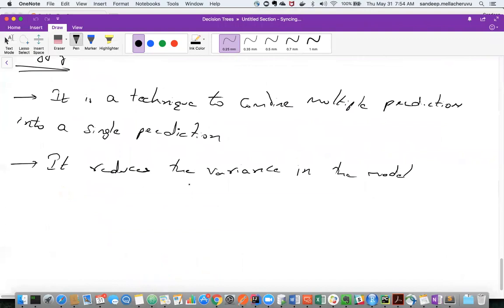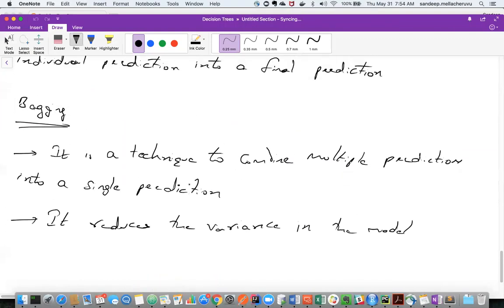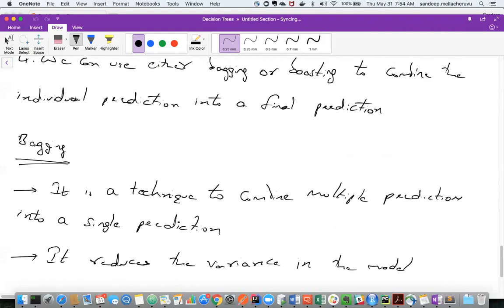So always you should aim for a least variance model. Now random forest, the technique called bagging, is going to reduce your variance very much. Why is it going to reduce your variance?